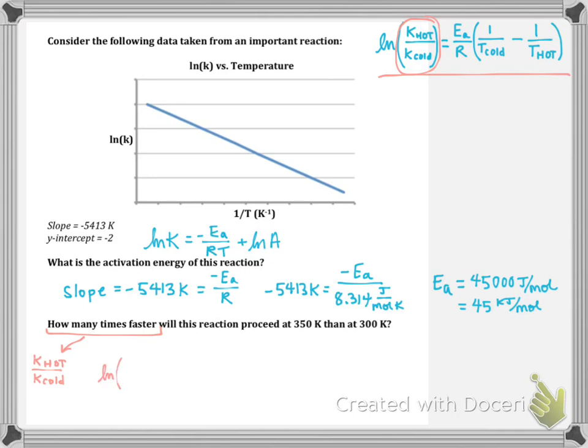So we'll have the natural log of k hot over k cold equal, and I'm going to leave it in joules. You can do kilojoules or joules, it's totally up to you, as long as you match your units to R. Okay. And we'll have 1 over first the cold, and it needs to be in Kelvin, and then the hot.